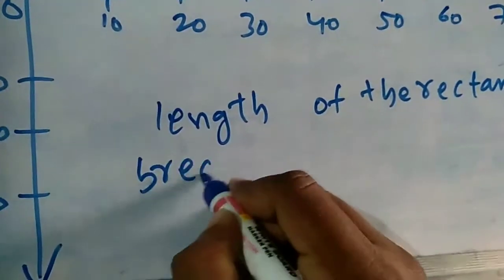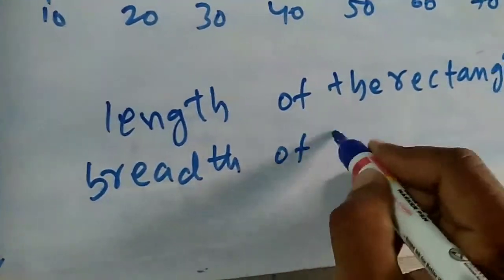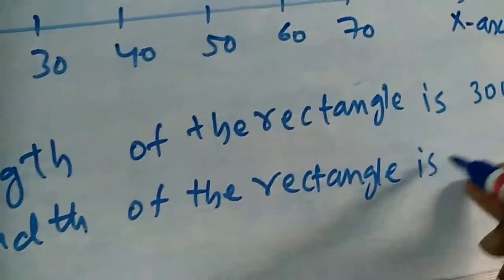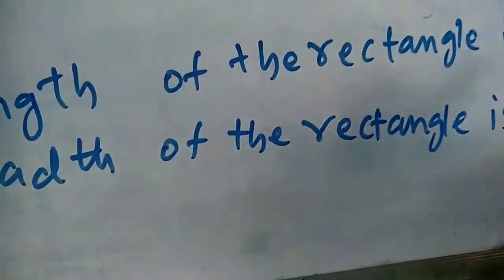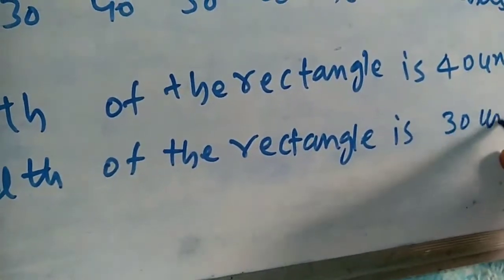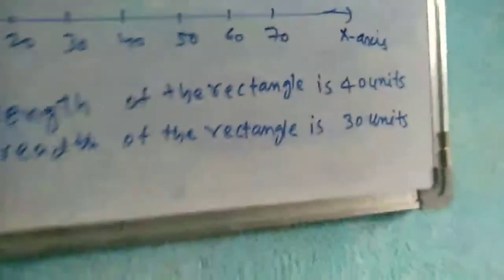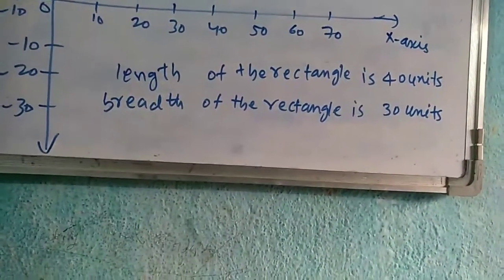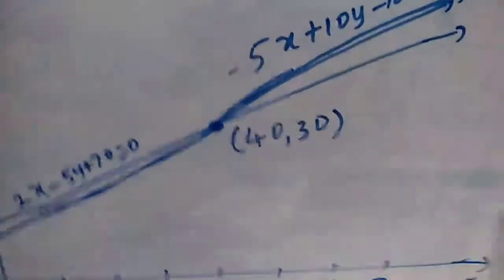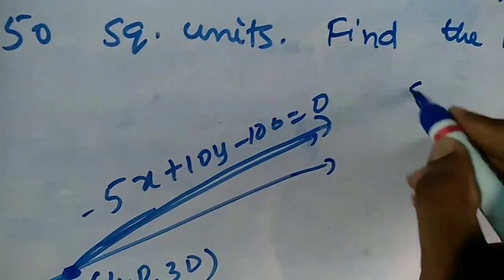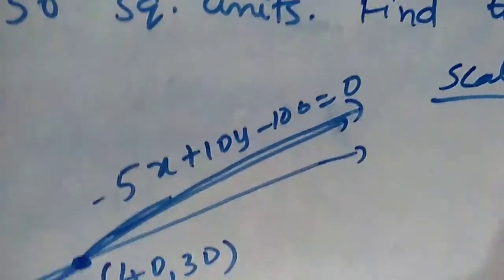Length of the rectangle is 40 units, breadth of the rectangle is 30 units. Okay, 40 comma 30 means length is 40 units, breadth is 30 units, and finally don't forget scale on top of the graph.